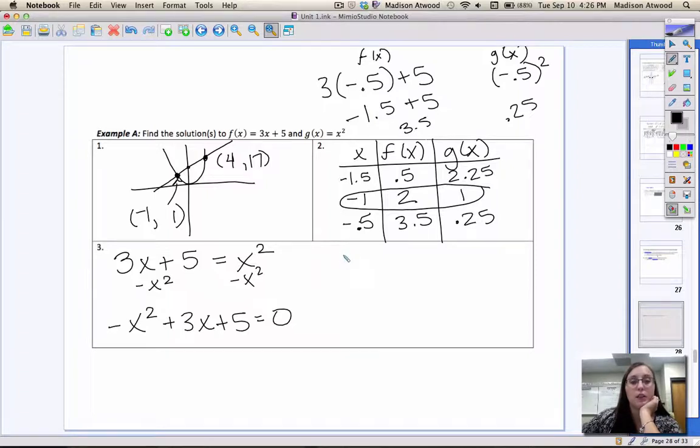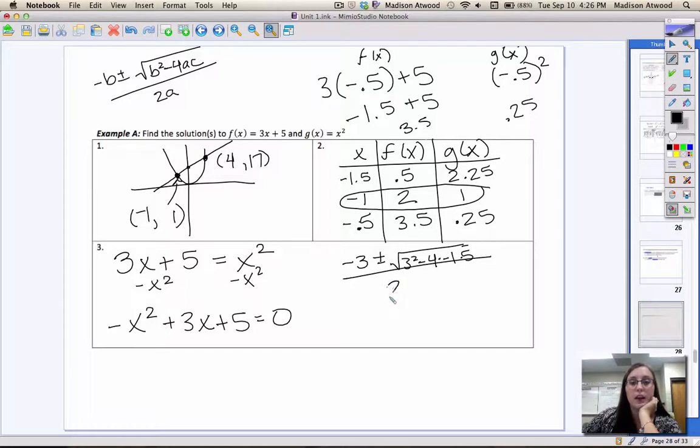So I'm going to do the formula. So -b plus or minus the square root of b squared minus 4ac all over 2a. So I'm going to do -3 plus or minus the square root of 3 squared minus 4 times -1 times 5, divided by 2 times -1.